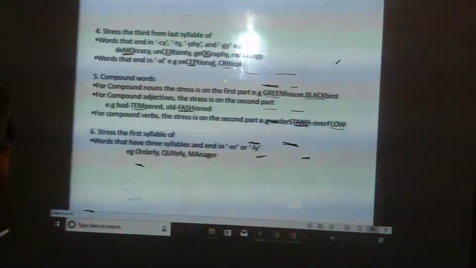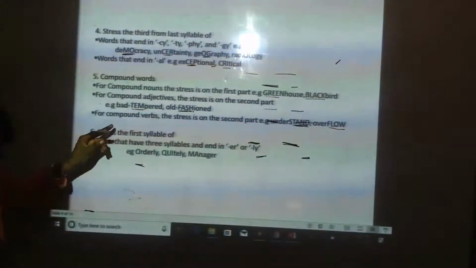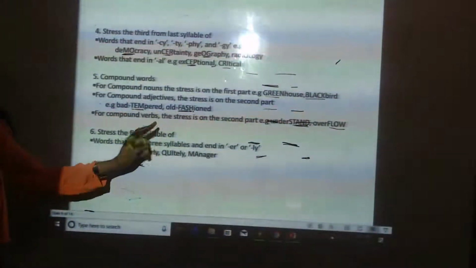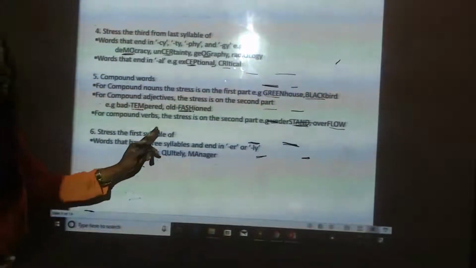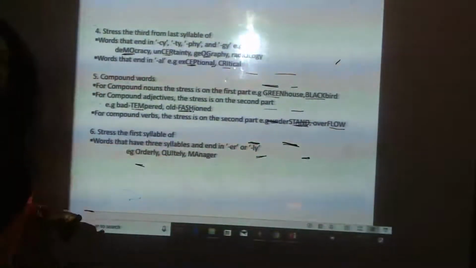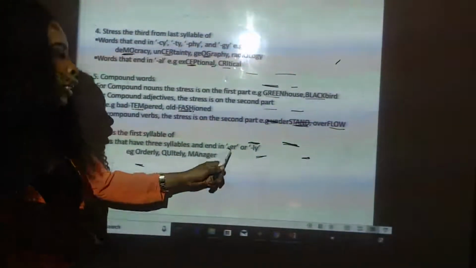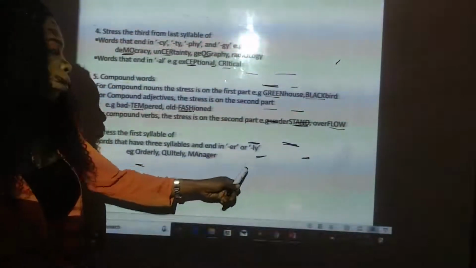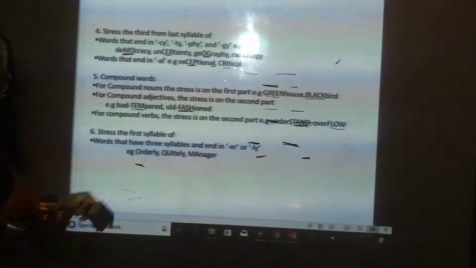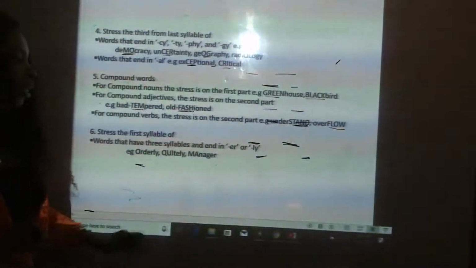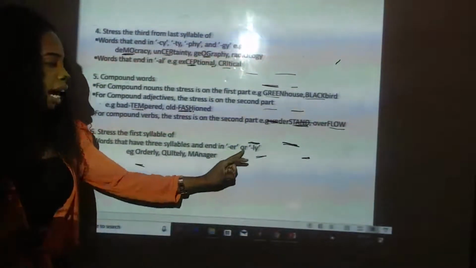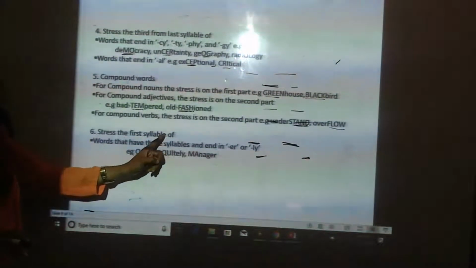The last rule is to stress the first syllable of words that have three syllables and end in -er or -ly. Any word that has three syllables and ends with -er or -ly should be stressed at the first syllable.